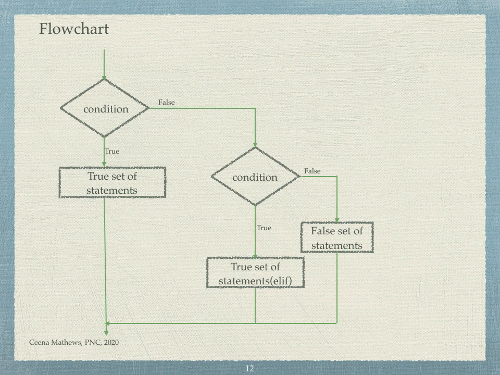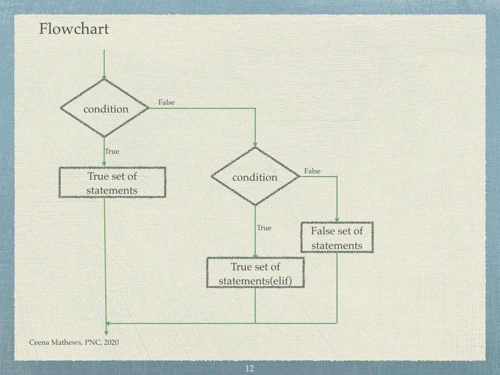This is a flowchart representing it. First we check the if condition. If it is true, we execute this true set of statements. Otherwise, if it is false, we again check a condition. If that is true, the true set of statements that follows else if is executed.